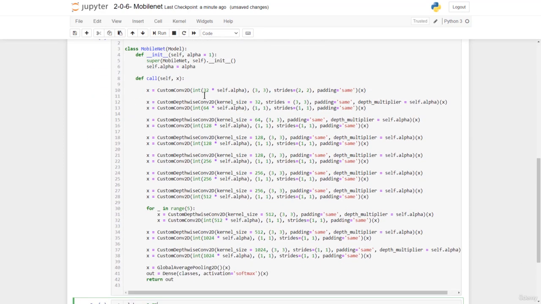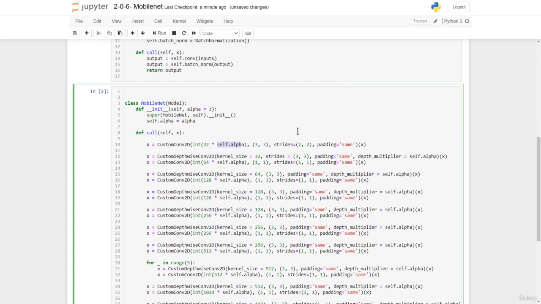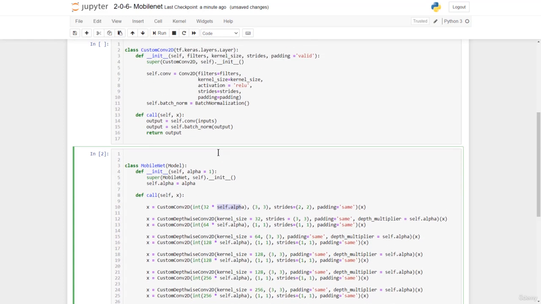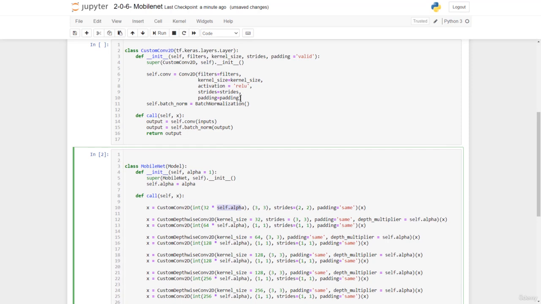So that's it. Now, how does it modify our code? We notice first that for the custom Conv2D, since we want to work with alpha times N number of filters instead of just N filters, we see clearly here how the number of filters is multiplied by alpha. And then for the depth-wise conv layer, we have this depth multiplier, which is how we move from M to alpha M. Now this is for the custom depth conv, so we need to modify it right here.